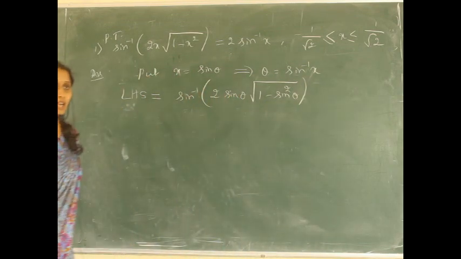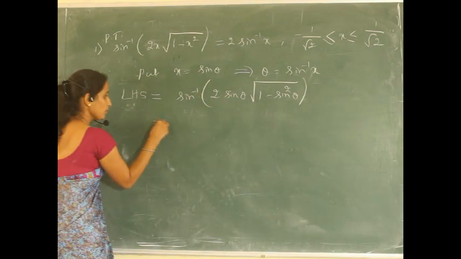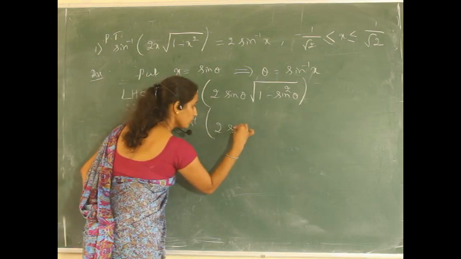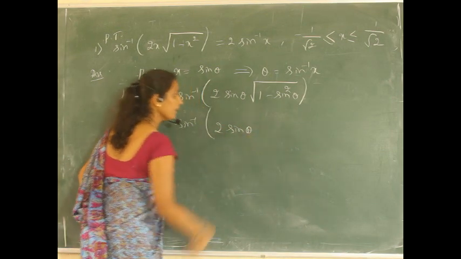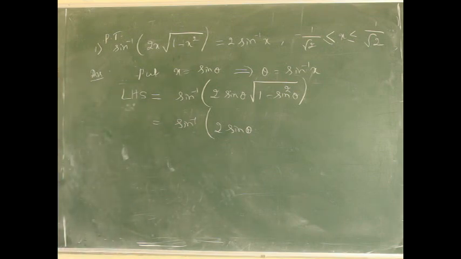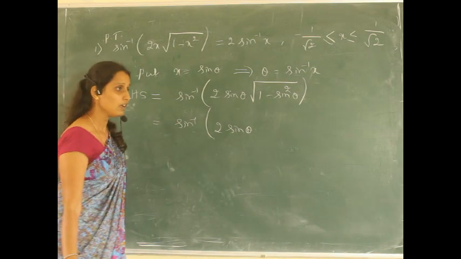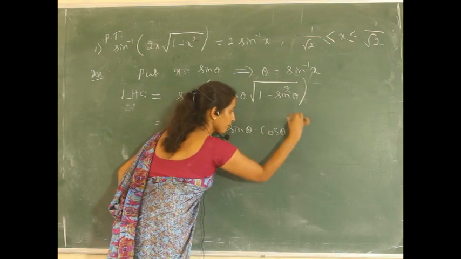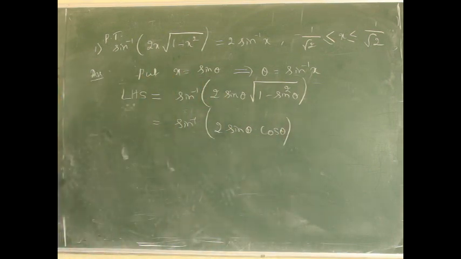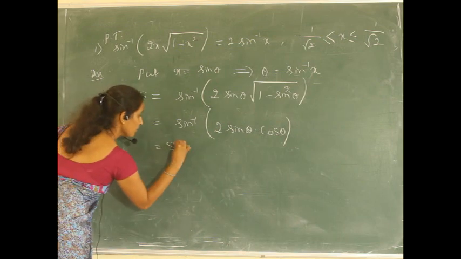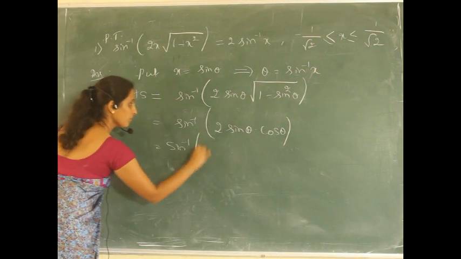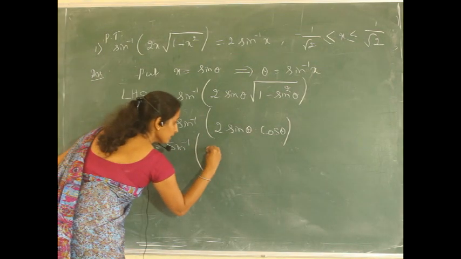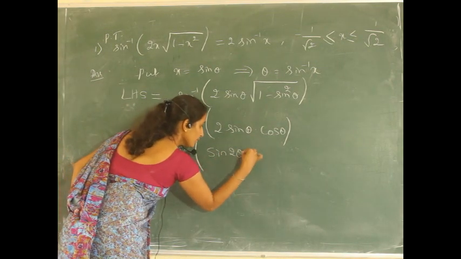This is equal to sine inverse of 2 sine theta into square root of cos square theta, and the square root of cos square theta is cos theta. So this is sine inverse of 2 sine theta cos theta, which is the formula of sine 2 theta.